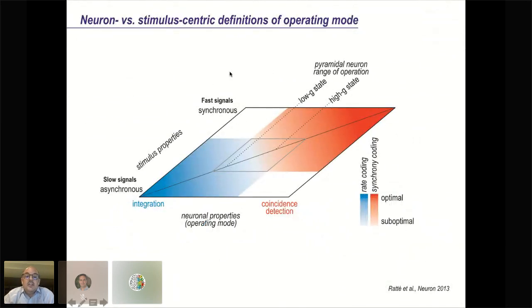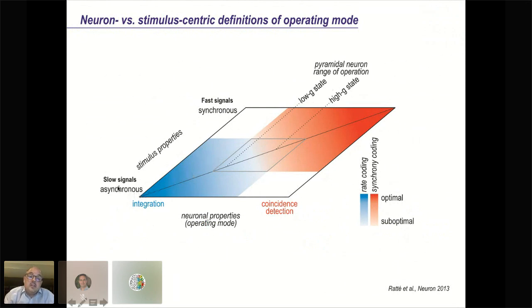Because what I want to do is just start to wrap this up by saying, okay, the coding properties, whether you're using rate coding or synchrony coding, depends on the one hand on properties of the neuron, this integration versus coincidence detection, the expression of the different types of voltage-gated channels. But even within that, a given neuron might be modulated by other aspects of its network, the state that it finds itself in.